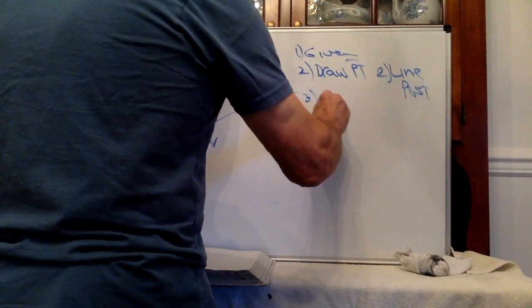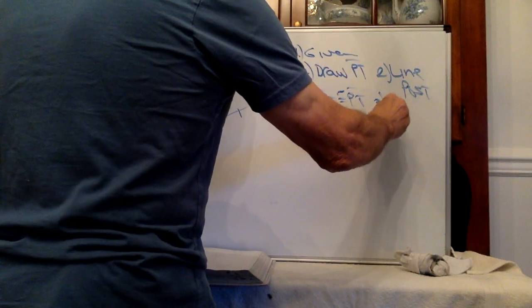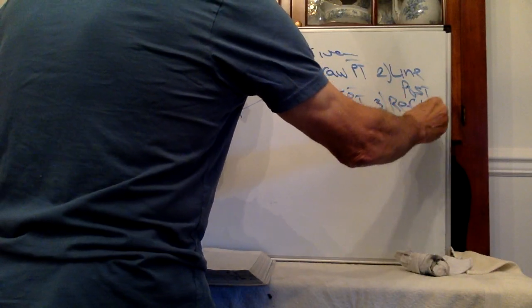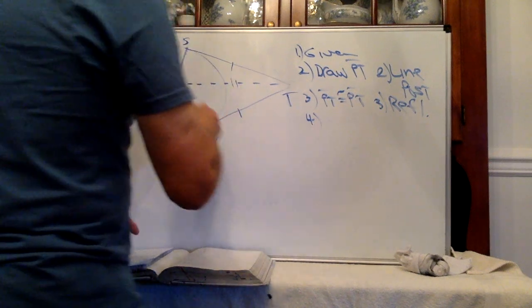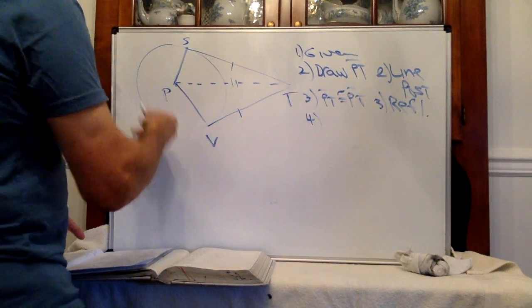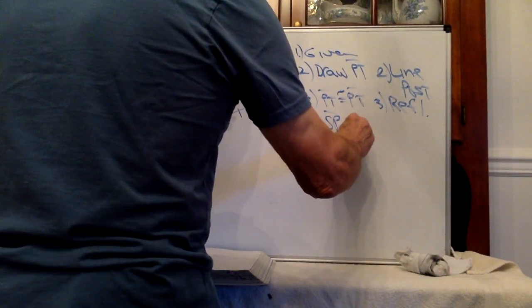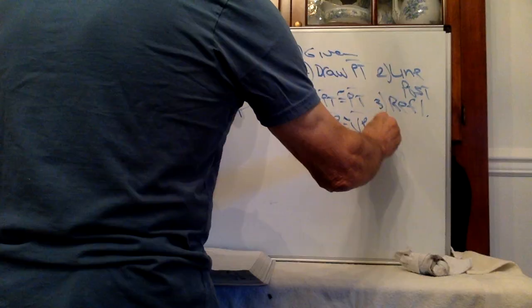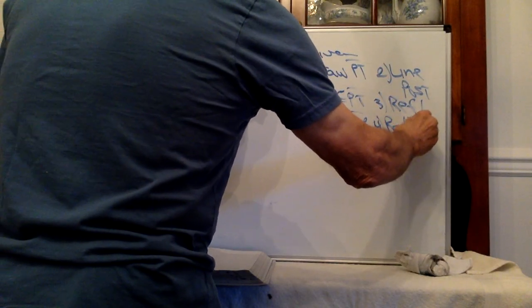I know that PT is congruent to itself. Reflexive or identity. I also have a circle with 2 radii, SP and VP. Radii are congruent in the circle.